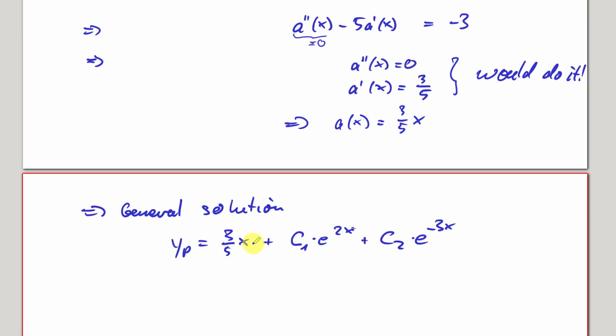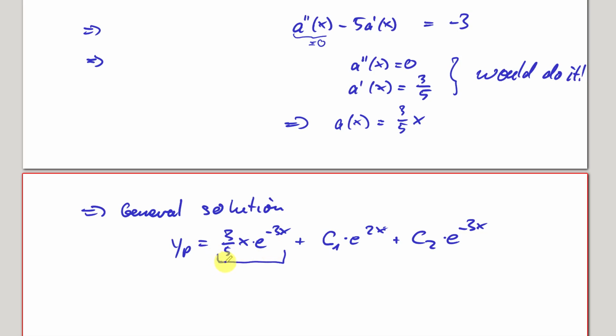This is the trick. Now, yet another correction. Here I missed the e term, so I can just move it to the right, and fix that problem with this trick, e to the power of minus 3x, and then we are done. So this is the particular solution that we just derived from our calculations.